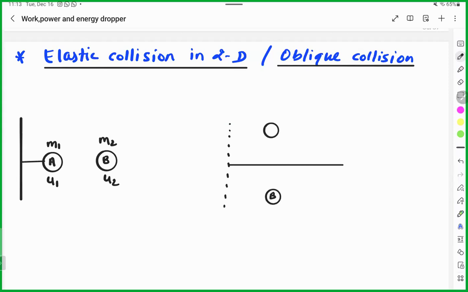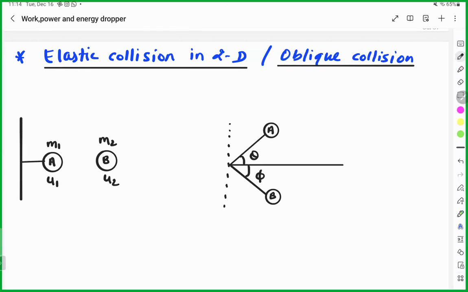This is B, this is A. What is actually happening in this case? You will see two components, y-axis and x-axis. This body is making angle theta, and this body is making angle phi with the x-axis. You can take theta 1, theta 2 also, doesn't matter.